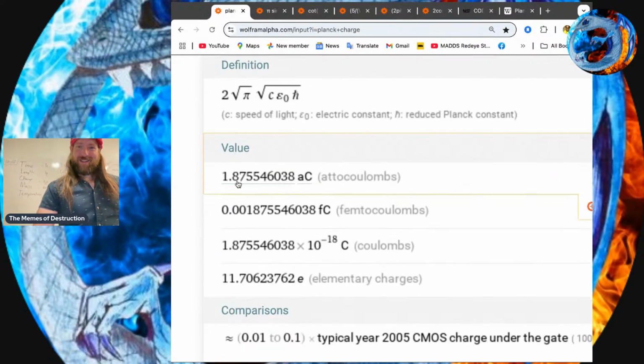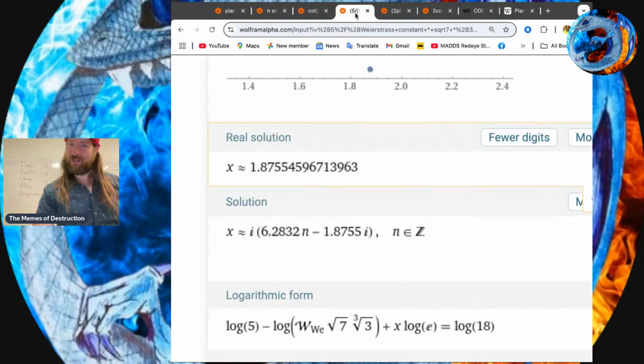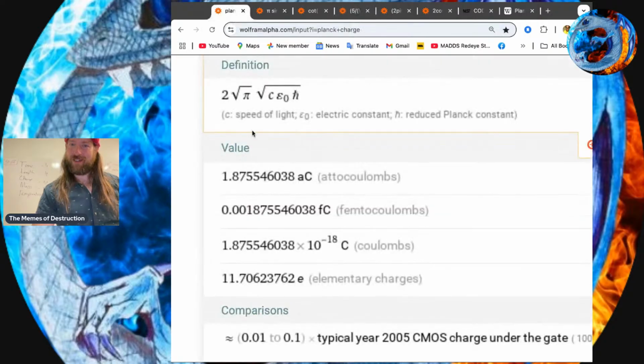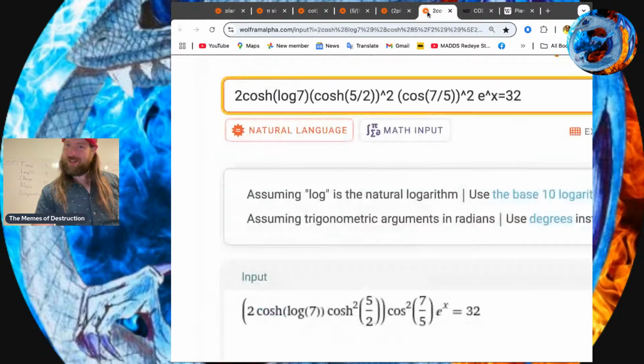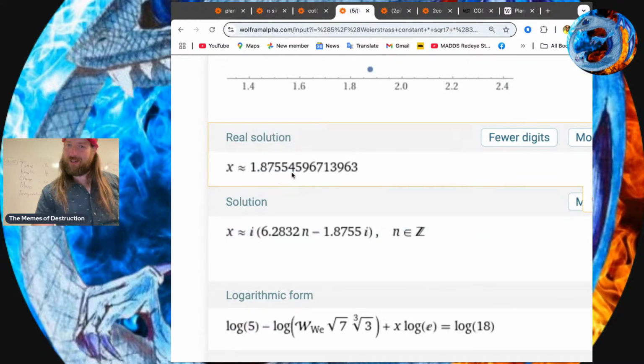All right. So we got 1.8755. All right, let's see what we got here. 0.8755. Okay. 46. 45. That's a 9. So that's pretty close to 6, and that's where we get our deviation.